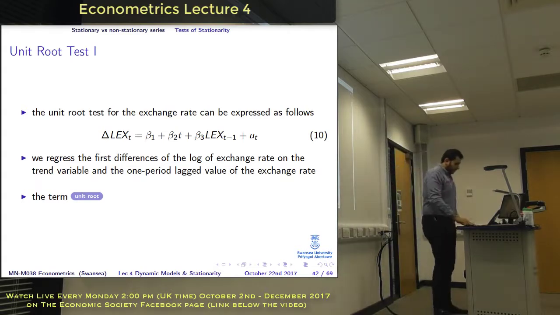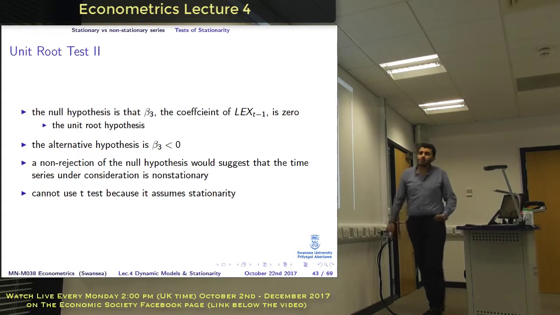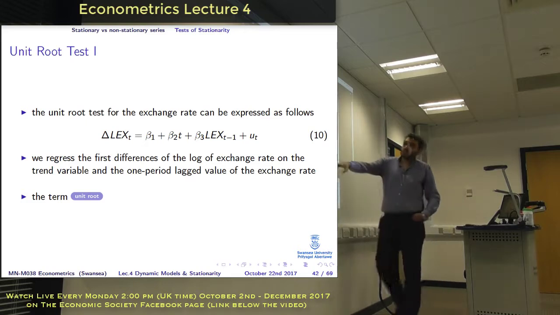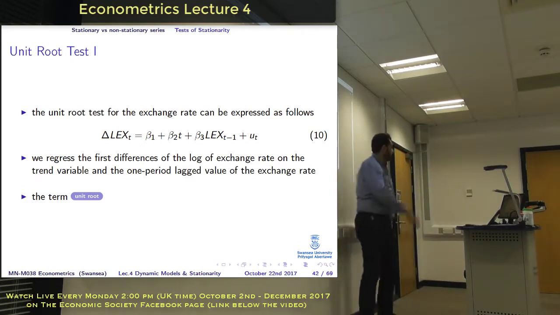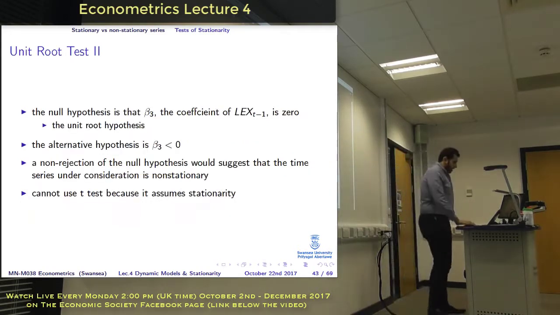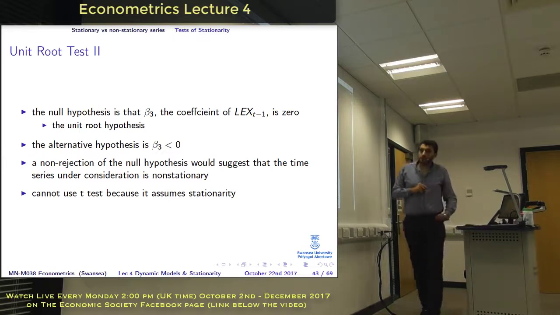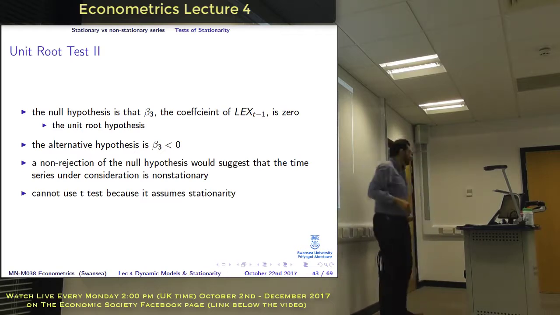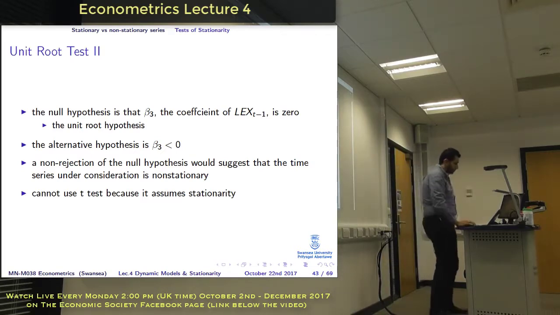The null hypothesis is that beta 3 equals 0, or that this series has a unit root. The alternative is that beta 3 is less than 0. If you fail to reject the null hypothesis, that means the series is non-stationary.